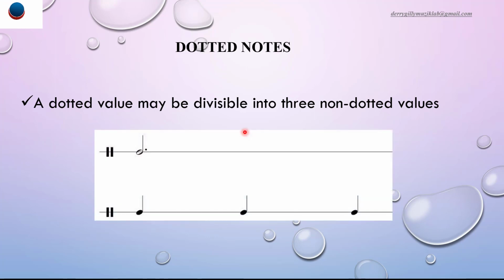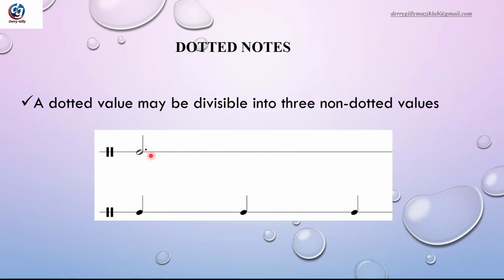So let's look at this example. It's the same way as we said over there. This one is like a minim and half of the minim, which is a crotchet. Now the interpretation of this is also meaning that this one can be divisible into 3 non-dotted values. That means that we have one crotchet, another crotchet, and another crotchet.